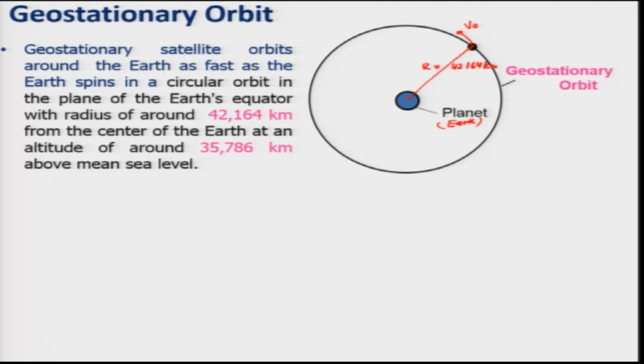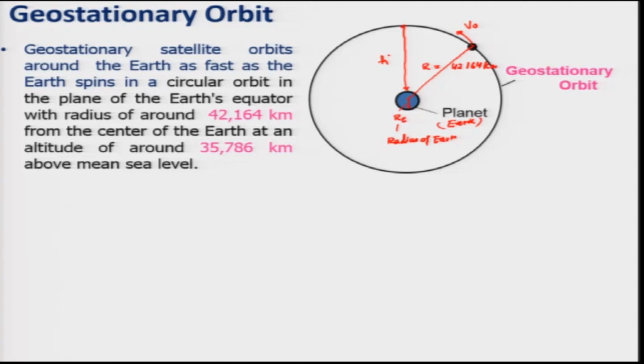42,164 kilometers. But if you look at this altitude, this is your h, and keep in mind that this is your r_e, the radius of the earth, and that is h.